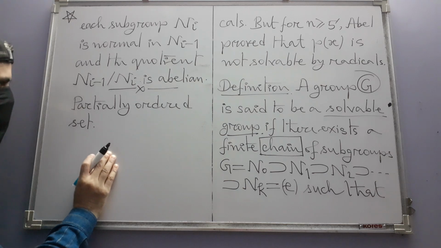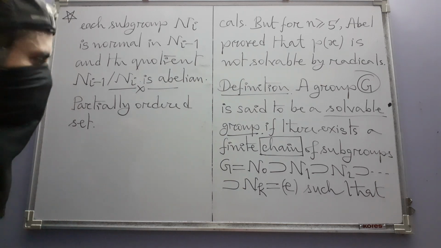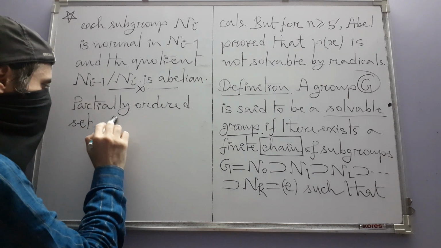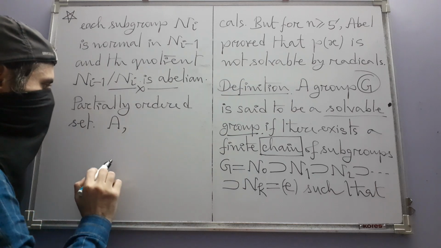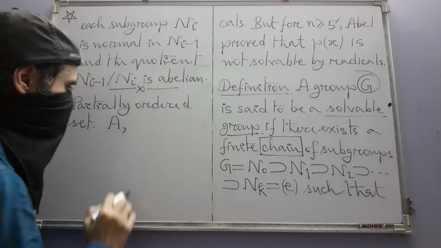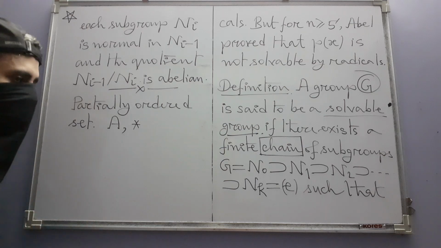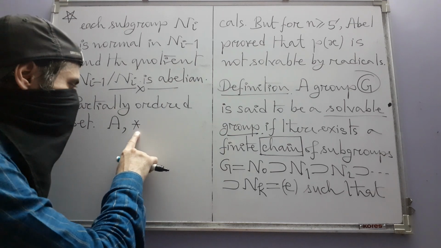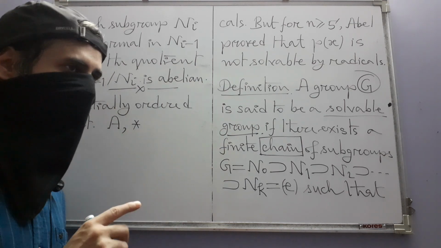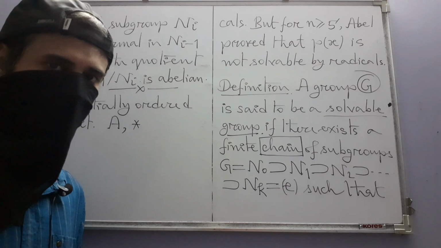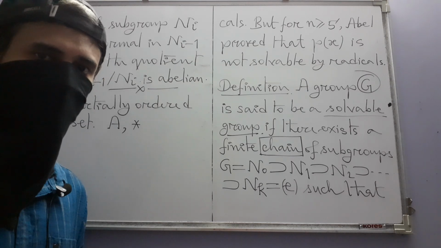A partially ordered set, or in short, poset. Suppose you have a set A and a binary relation, some star, on A, which means that star relates or does not relate any two elements of A. That's what binary relations do.